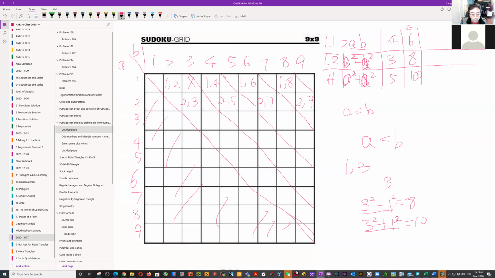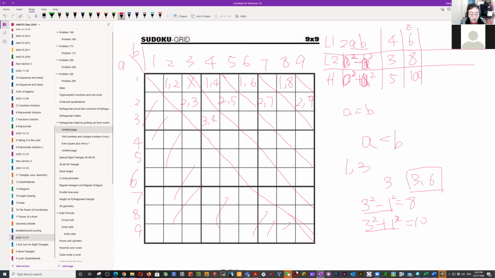And then we have 3, 4, and 3, 6. With 3, 6, they are both multiples of 3, so it will produce numbers where leg 1 is divisible by 3, and then leg 2 and the hypotenuse are also divisible by 3.